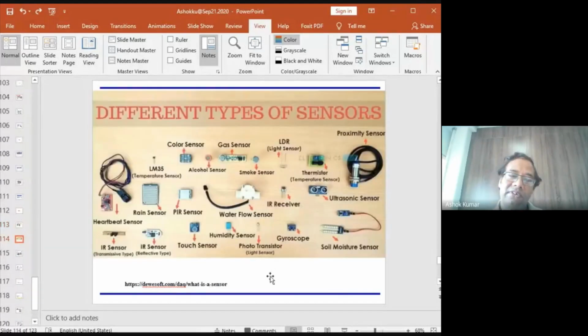Now if you talk about the different types of sensors available, you can see many sensors here: color sensor, gas sensor, proximity sensors. Sensors are a very important area.